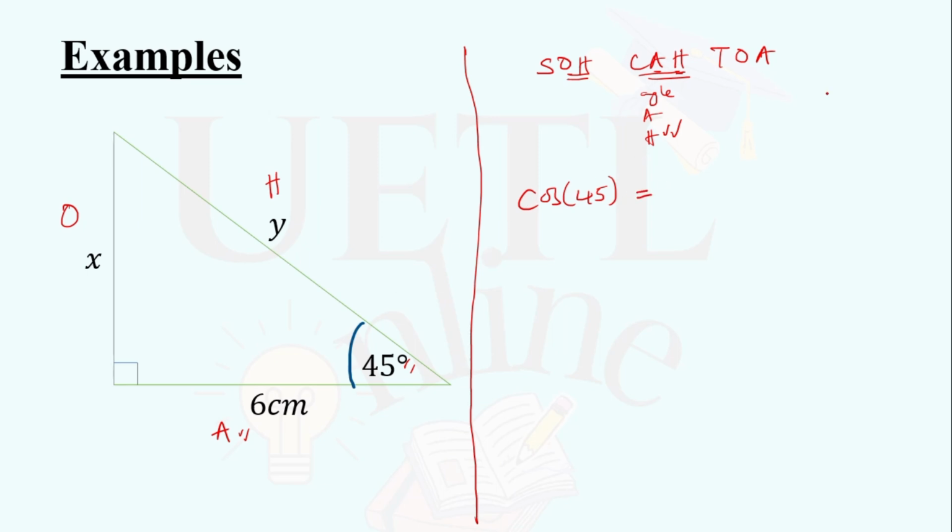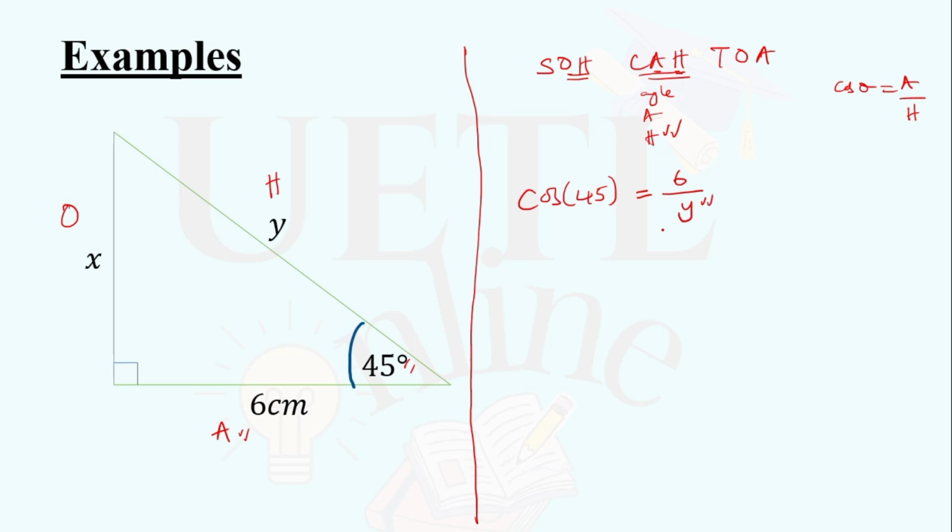I remember I said that cos theta is equal to adjacent over hypotenuse. In this case our adjacent is 6, so cos 45 is equal to 6 over our hypotenuse, which is y. Our duty is to find this y.